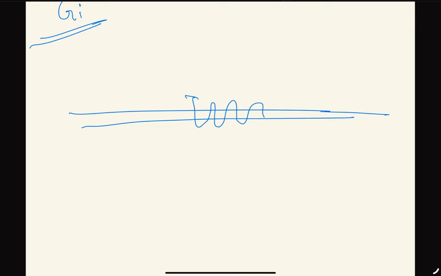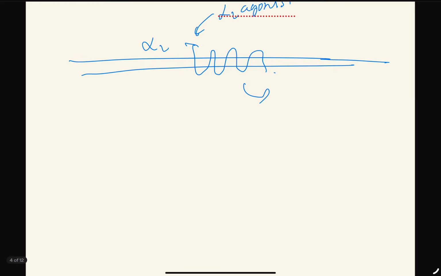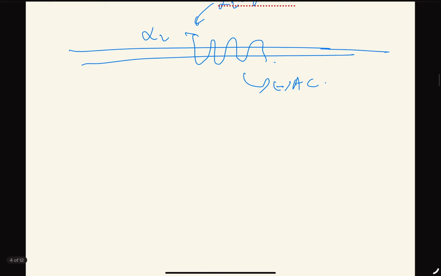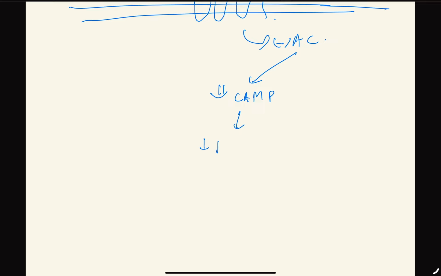This is the alpha 2 receptor, and when an alpha 2 agonist binds with this receptor, it decreases or inactivates the adenylyl cyclase. So it decreases the production of cyclic AMP, and that decreases the phosphorylation of enzymes.